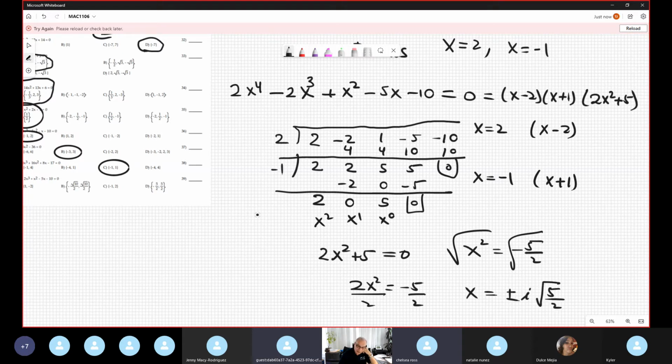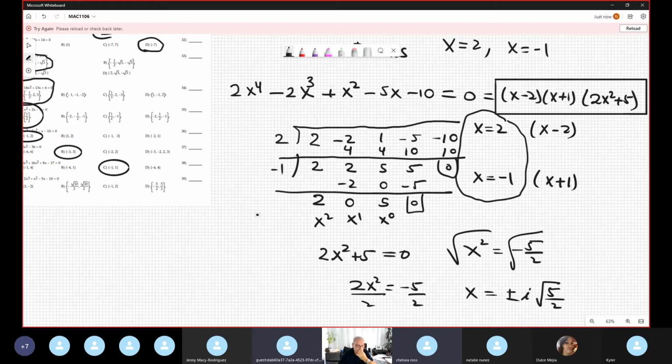We can rationalize either way. This is not important. This is the factorization in the real field. And this is the answer, the real zeros are 2 and negative 1, option C. Cool. Option C, yeah.